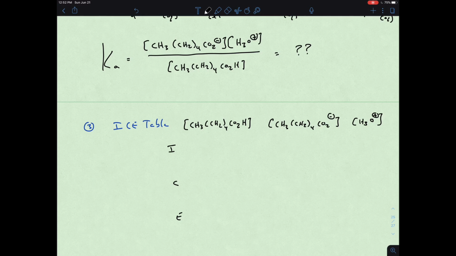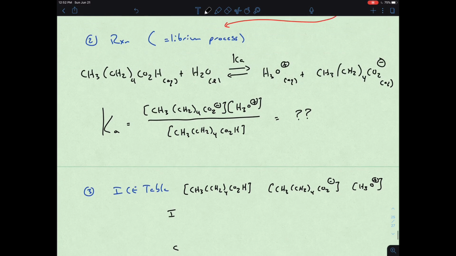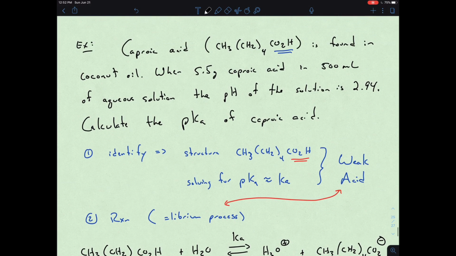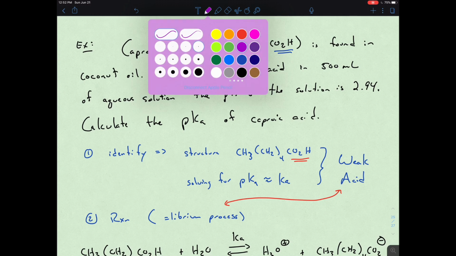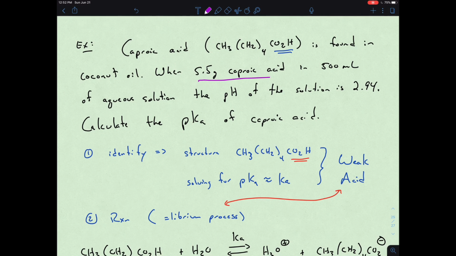So going back to the question, what information do we have here? Well, we do have a mass of caproic acid in 500 milliliters. So there would be an initial set of conditions for the caproic acid.